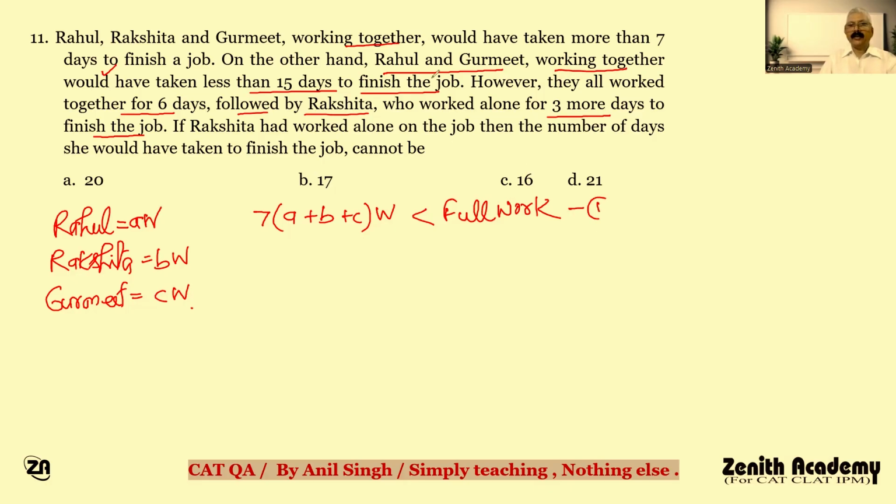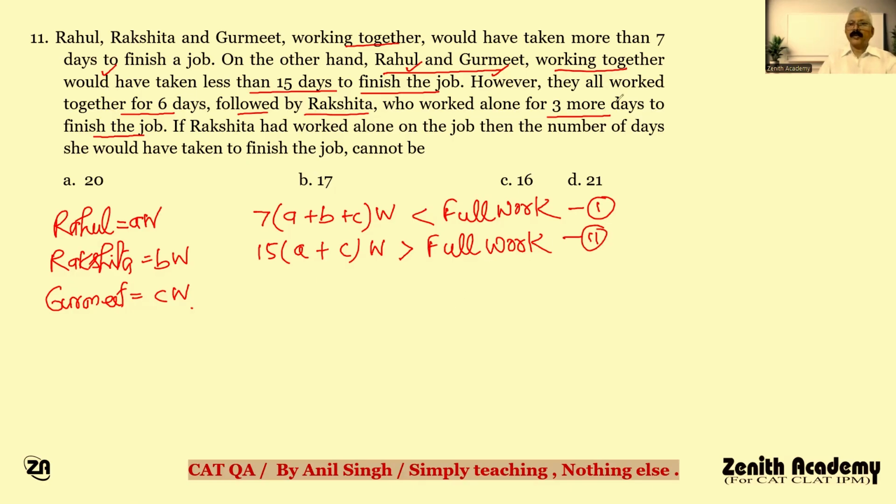And here it is given that Rahul and Gurmeet, when working together, would have taken less than 15 days to finish the job. It means 15 days work of Rahul and Gurmeet is 15A plus 15C work, which is greater than full work.